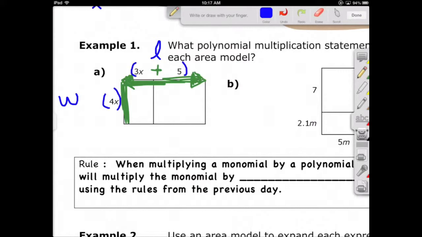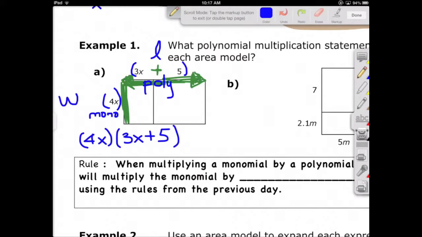So we've got our expressions in place. That's why the area model is really handy. We're going to be multiplying a monomial, which is here, by this term up here, which is essentially our polynomial. So what do you get? Well, when you multiply 4x, and I'll use parentheses for the multiplication, multiply it by 3x plus 5, you use something called the distributive rule.